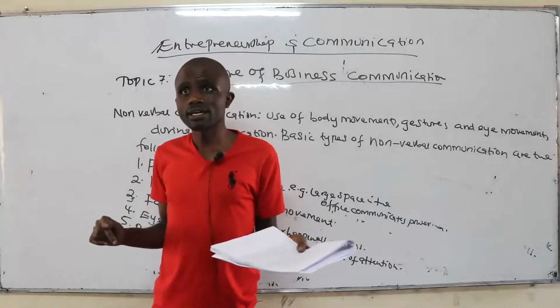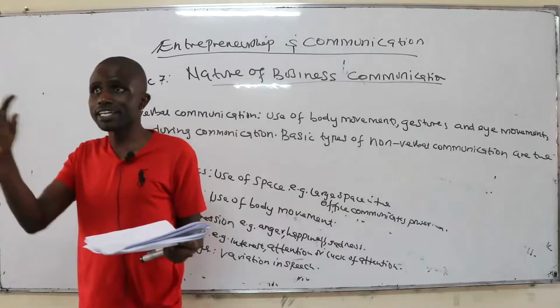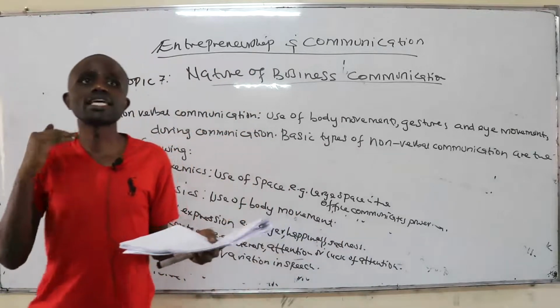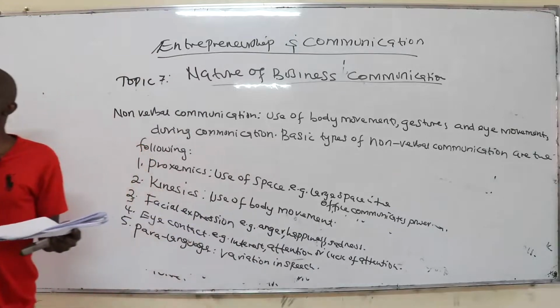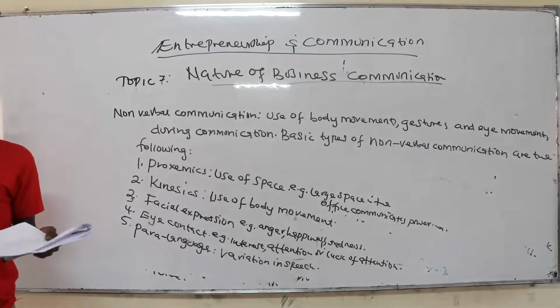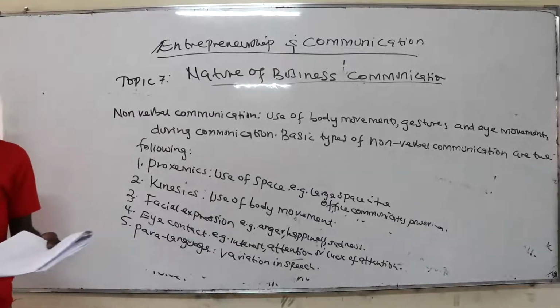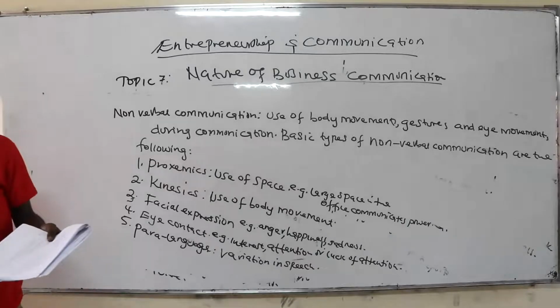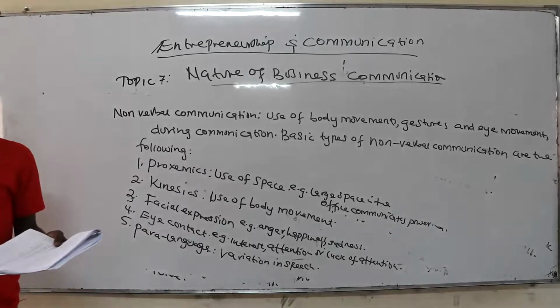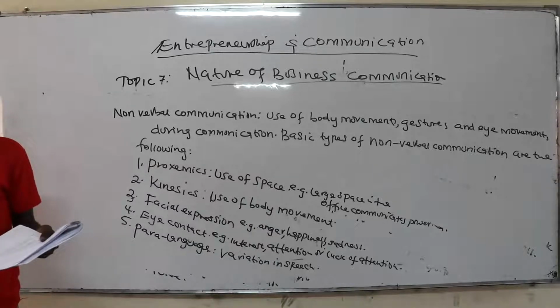But if I shout, come here, are you getting the variation in speech? That's paralanguage. I'm commanding, I'm giving a command. But if I tell somebody, just come here, I'm being kind to that person. So paralanguage, variation in speech, is also a nonverbal cue.